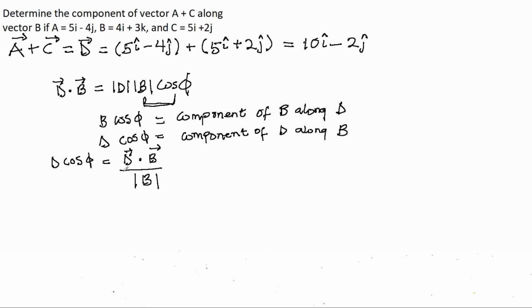So let's compute D dot B. The vector D dot B is equal to 10i minus 2j, dotted with the vector B, which is 4i plus 3k.